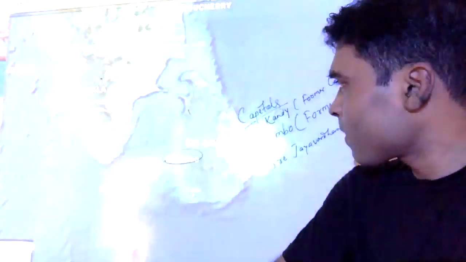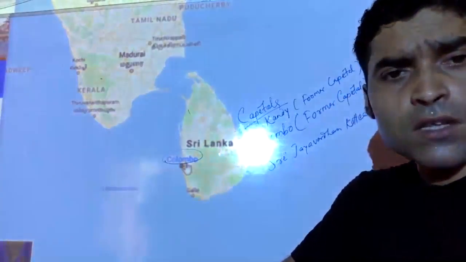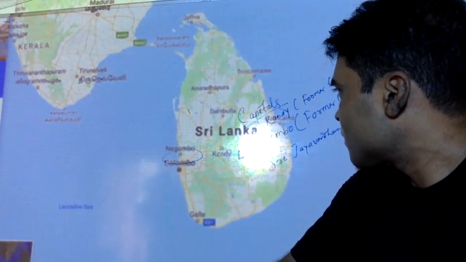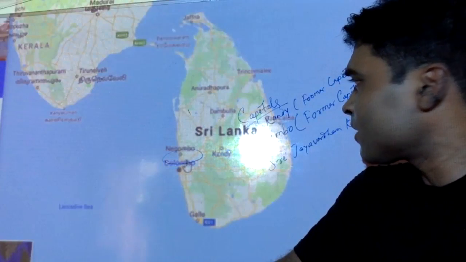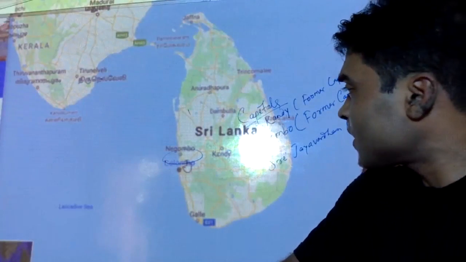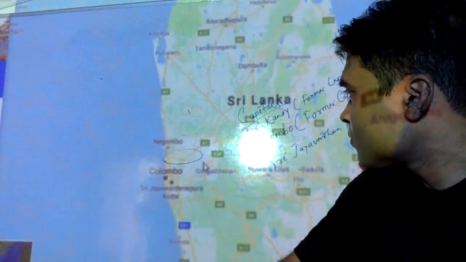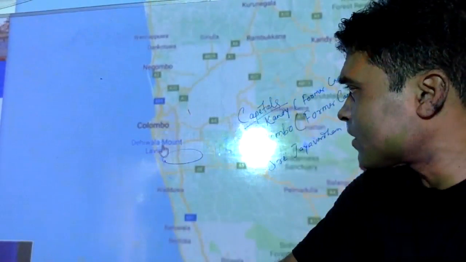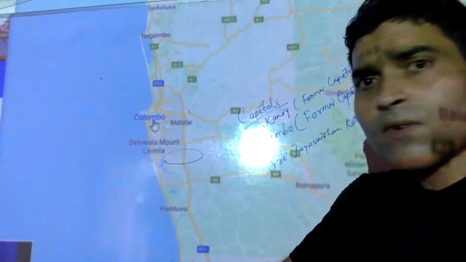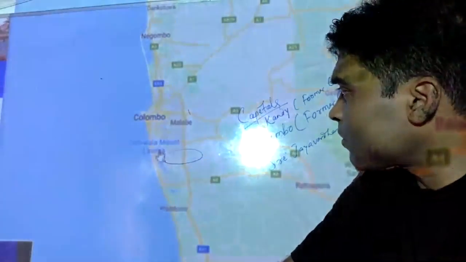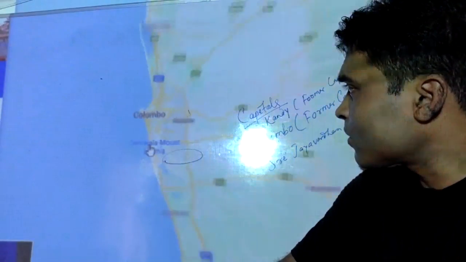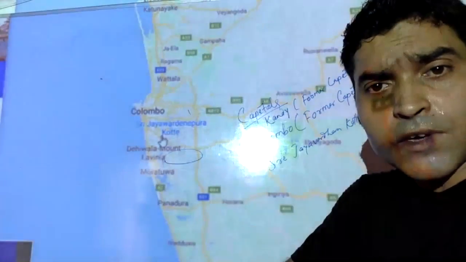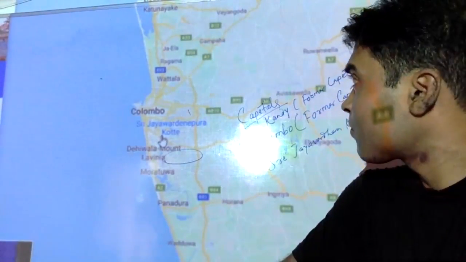Look at the map. You see this. This is Colombo, one of the biggest cities, but it was also the former capital. But now it is the former capital, right? This one you can say Sri Jayawardenepura Kotte. You can see here, just south of Colombo. You can check it here. This is the current capital of Sri Lanka.